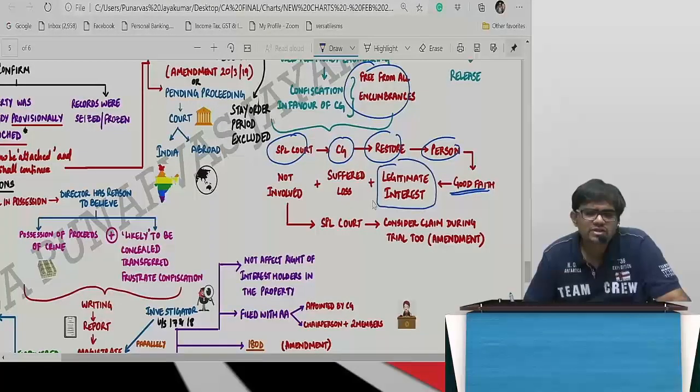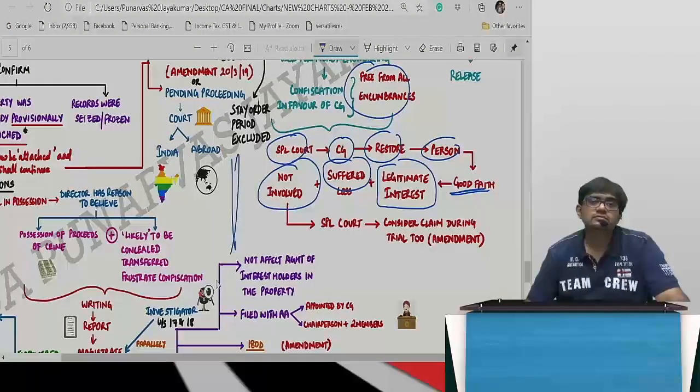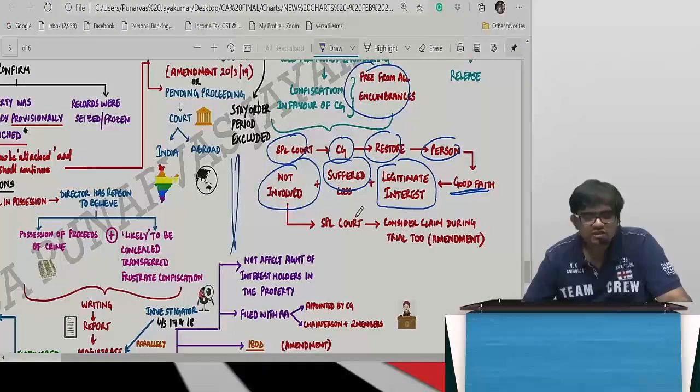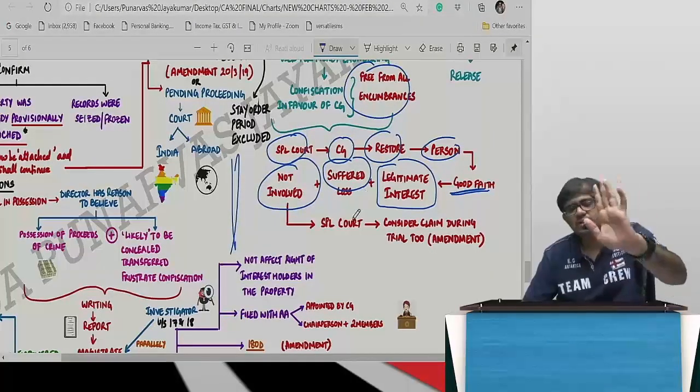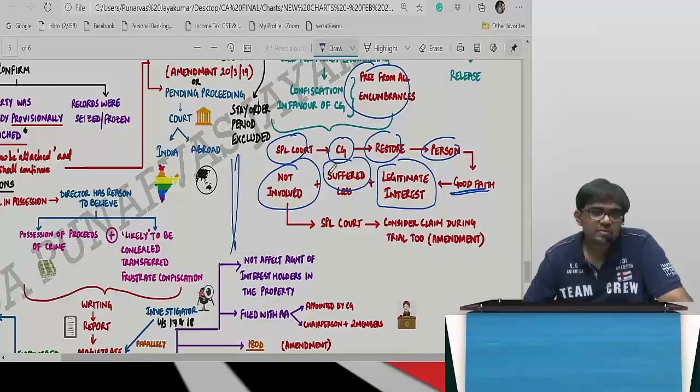That lady can prove legitimate interest in the property, that she has suffered losses and she was not involved in money laundering. She has to prove all these things. We discussed this in PMLA; sections 5 and 8 of PMLA have to be written here.